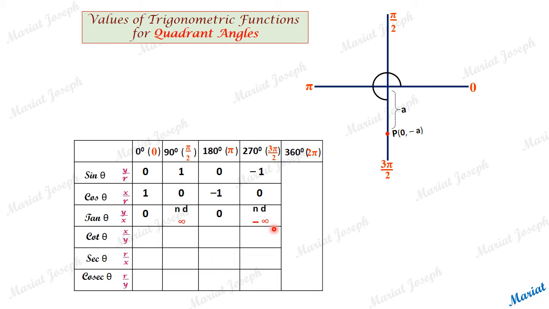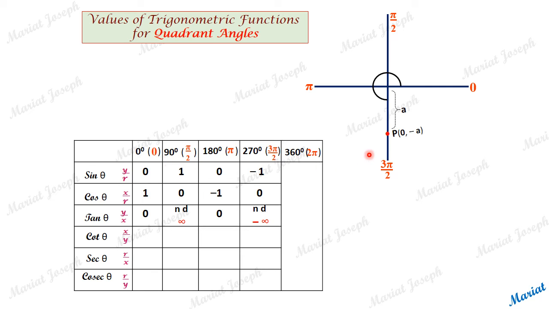Now, the next quadrant angle is 360 degree. As we know, 360 degree has the same terminal side as 0 degree.